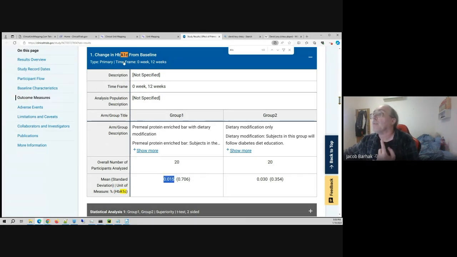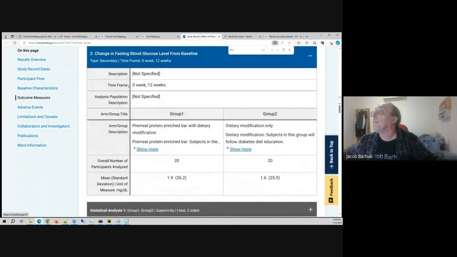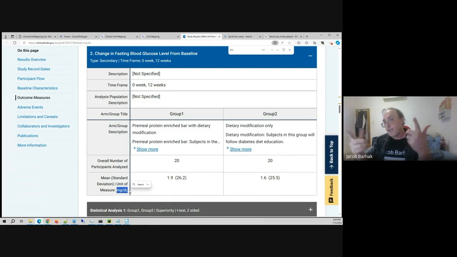And this is a table, and this is only for one outcome. There are multiple outcomes per trial. Here is another outcome, change in blood glucose from baseline, and notice the unit here is different. So each one of those clinical trials has multiple different units, and you have to traverse all of this knowledge and standardize it.